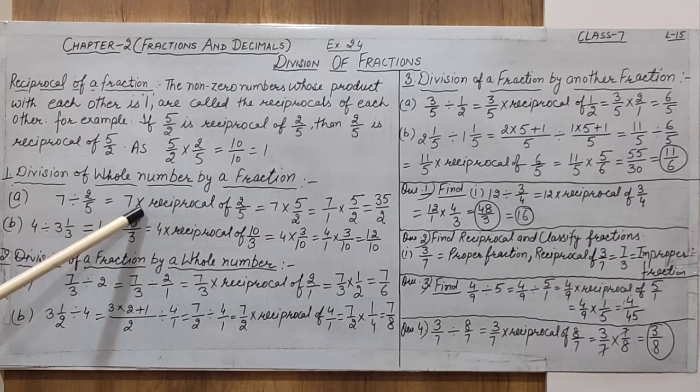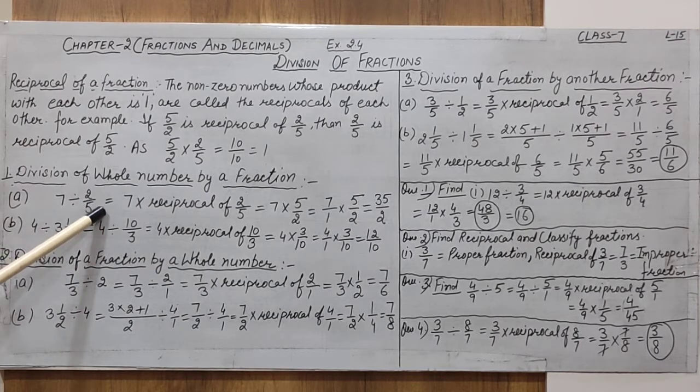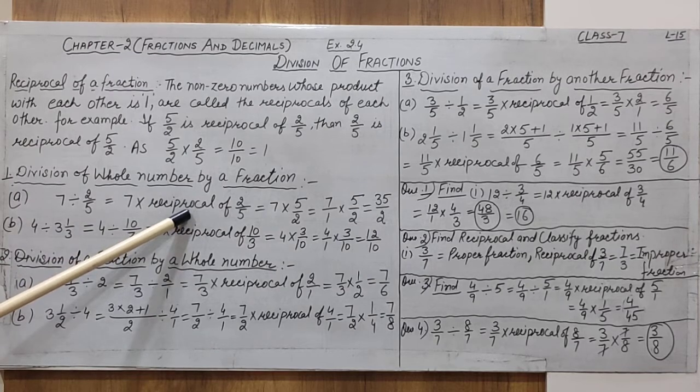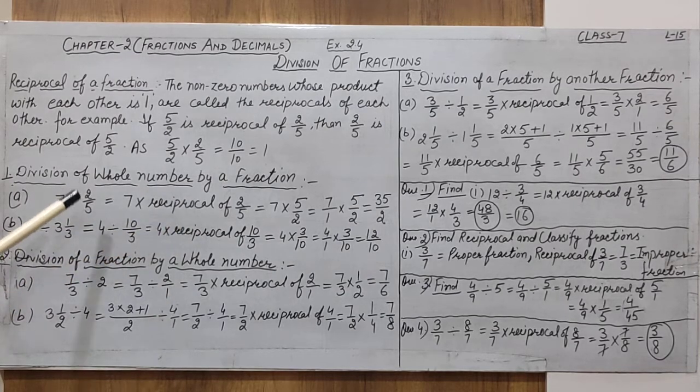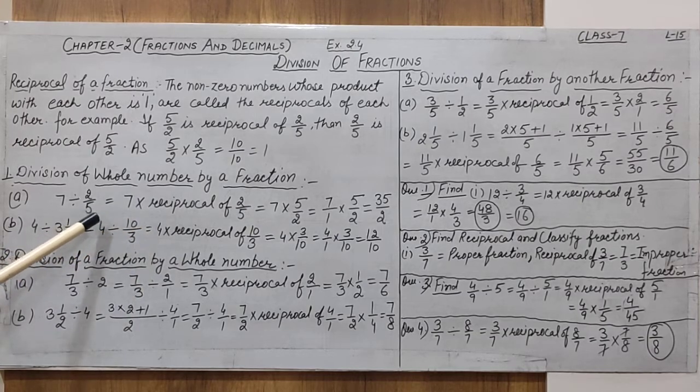into multiplication, and the number after the division sign, you must remember, not the number before the division sign, but the number after the division sign, is given its reciprocal. The process is: the first number stays at its position, change the sign of division into multiplication, because simple division is not possible.